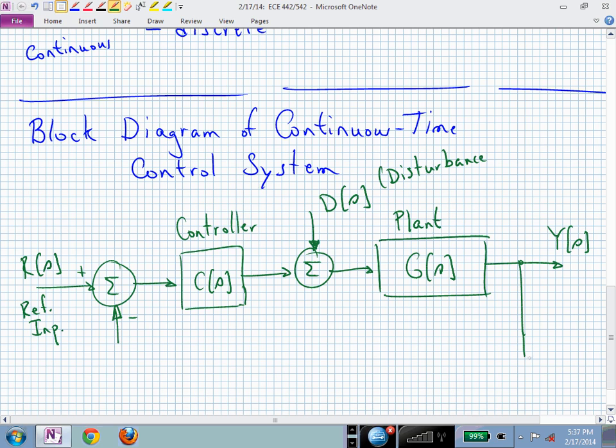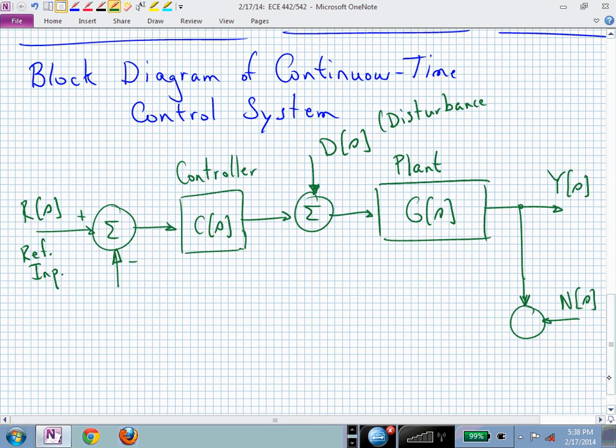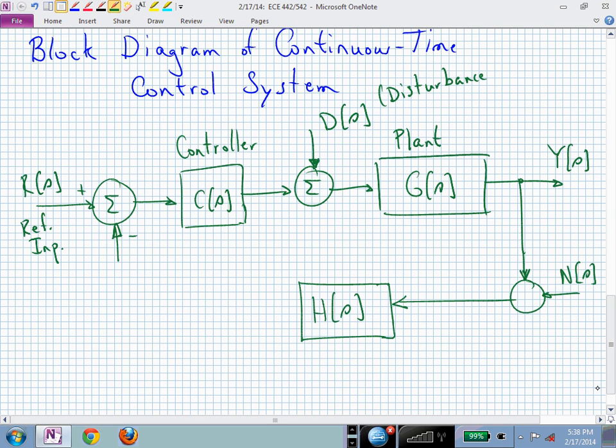We then actually might have a noisy output measurement, and so we model that by putting some noise onto that output signal. And we may or may not be able to measure that output directly. We may have to have some kind of sensor dynamics, or we might even have some additional control processing in the feedback path prior to connecting that up and comparing that with our reference input.